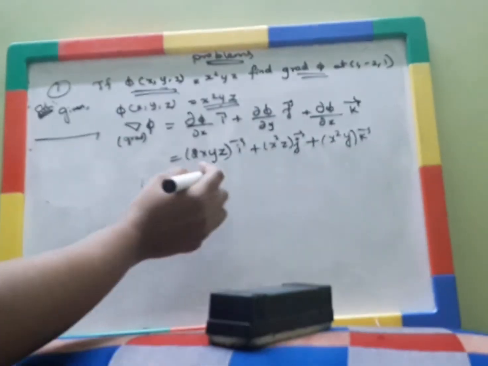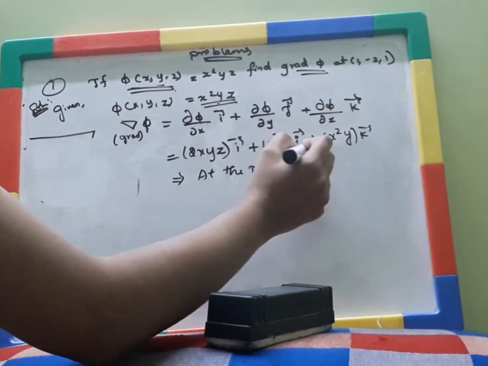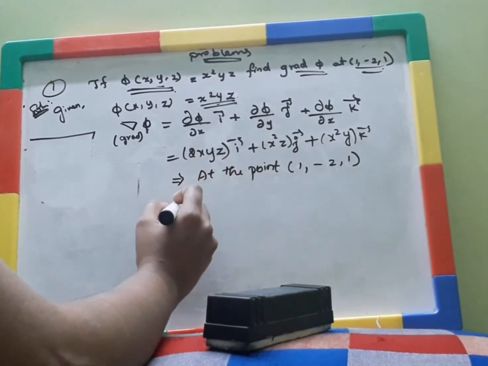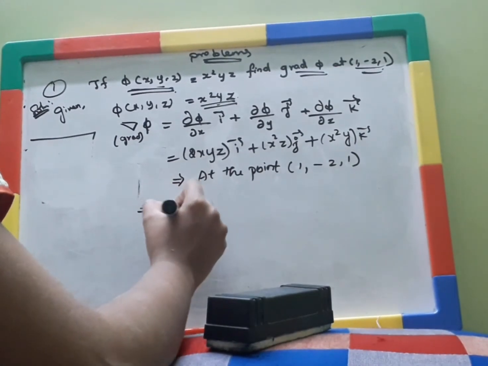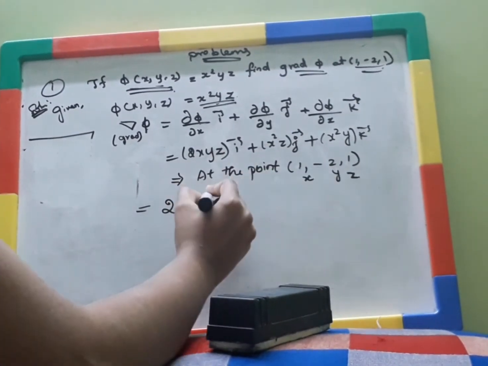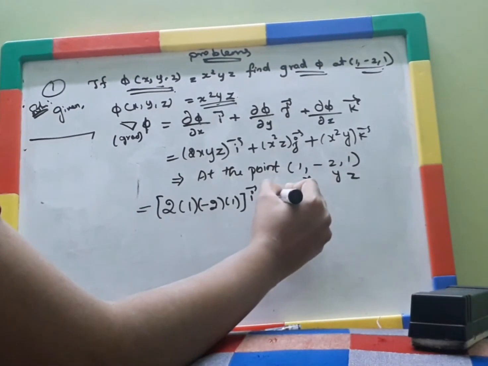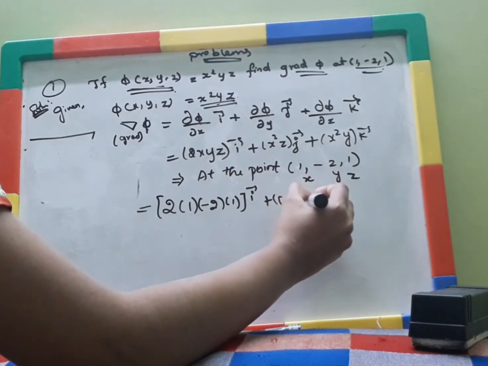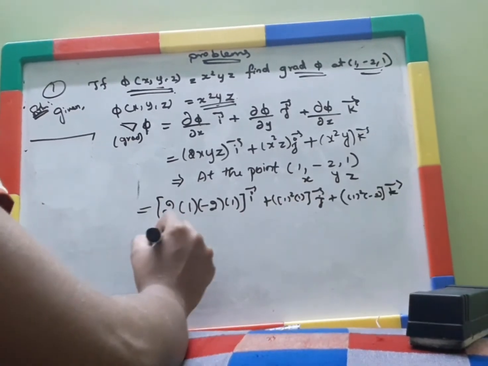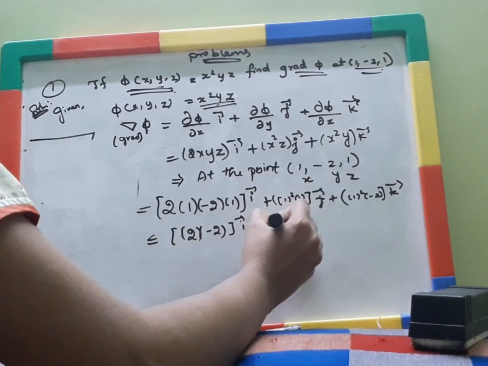Now this is the function we have found. Next we substitute the given point 1 comma minus 2 comma 1 as x, y, z in the equation we found. 2 into x is 1, y is minus 2, z is 1, so 2 into 1 into minus 2 i vector plus, with x as 1, 1 square into z, that is 1 square into 1, j vector, plus 1 square into minus 2 k vector.